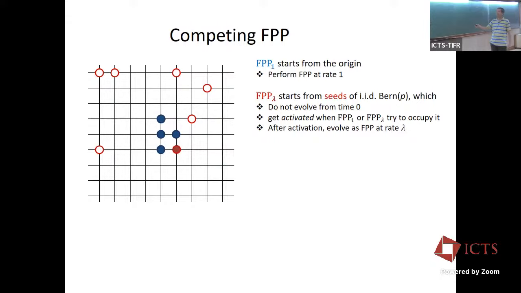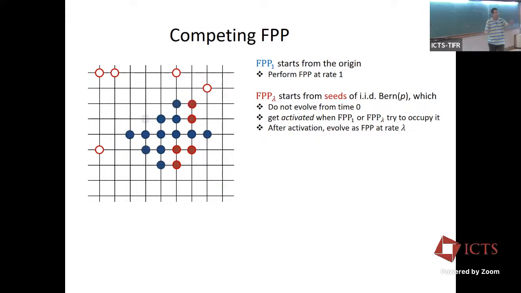And from this moment on, this seed will start growing the second type, FP lambda, as a first passage percolation, but of rate lambda. That's why FP lambda. FP1, rate 1, FP lambda, rate lambda. And the two processes compete for space. Each time a seed is about to be occupied by either type, type 1 or type lambda, it just gets activated, it gets occupied by type 2, and the process continues.